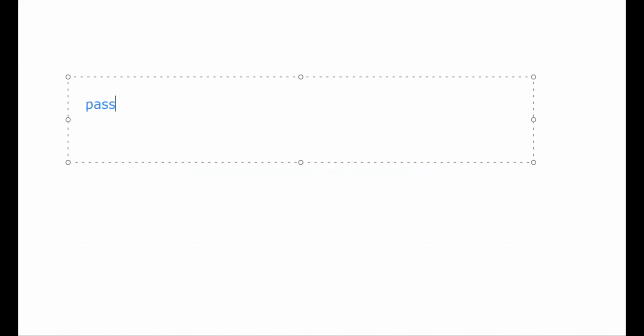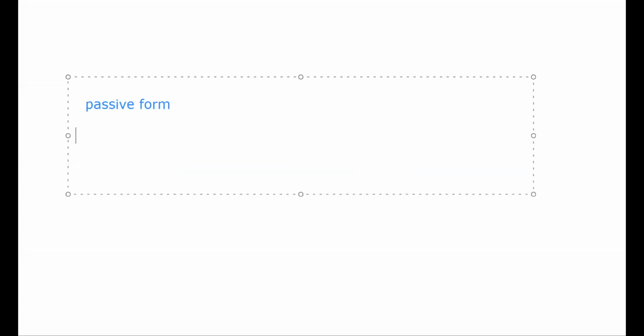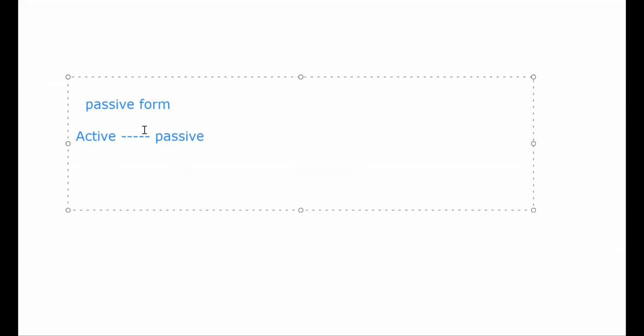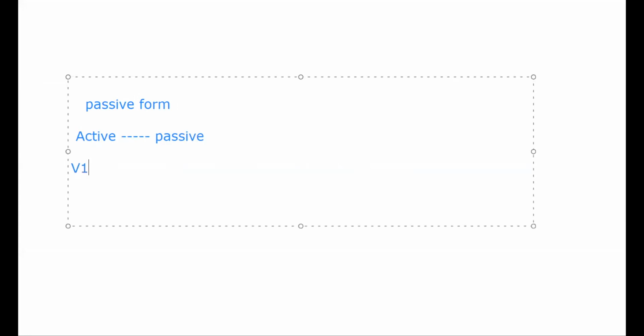Passive form of the verb is like this. Suppose I give you the V1 form, let me give it like this. Active form and passive form. If active, I have the V1 form.